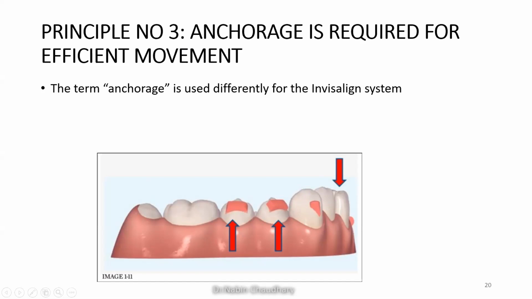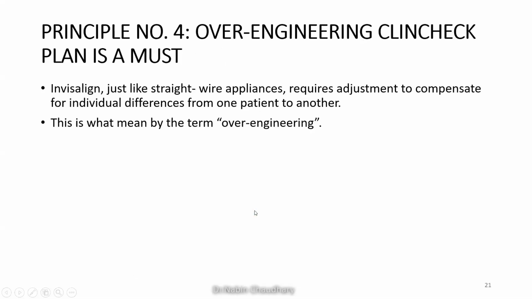So in order to provide grip on the posterior teeth, an attachment is placed so that there is a proper grip and the displacement of the aligner from the posterior aspect is not possible. Thus, through the attachment placed on the premolar, in this case, the intrusion of the incisors can be performed using this anchorage system.